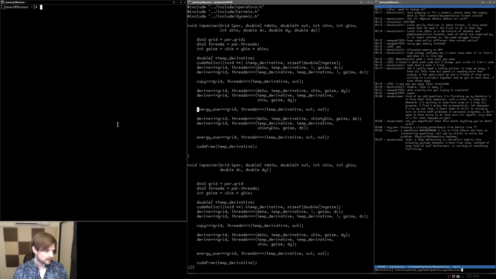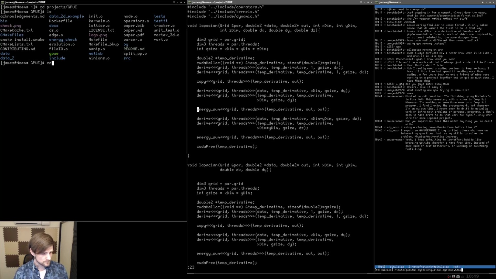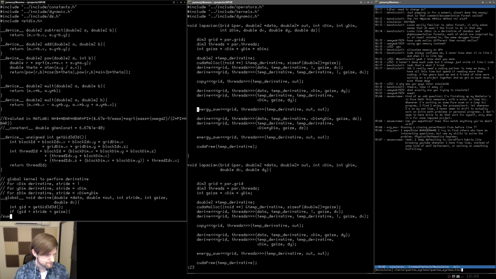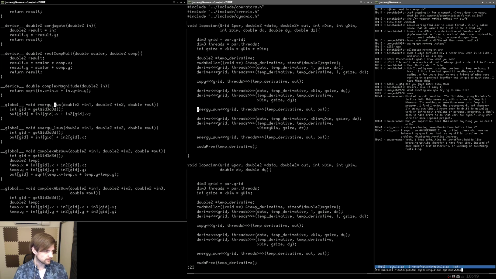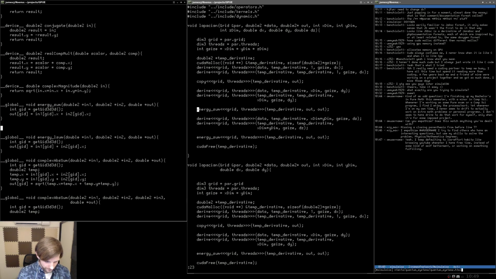So let's go ahead and open up another terminal here, cd projects GPUE. LS over here. And let's just go into VI source and kernels, I believe, and sum. Double 2 in 1, double 2 in 2, double output. I see the problem. I need just double 2 in, double 2. Let's just create a new one just called sum. All right, global.